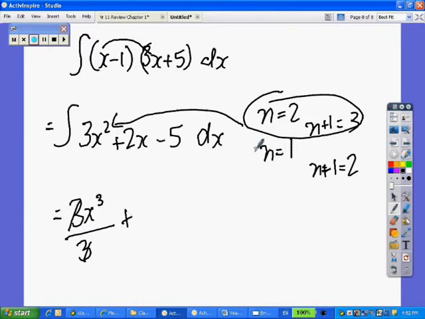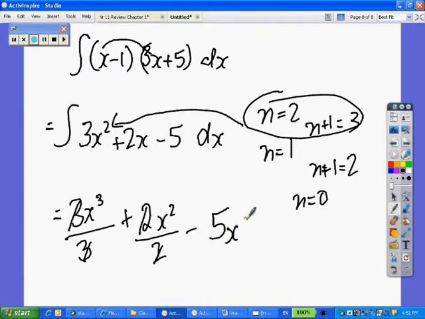Plus, in this case, like I said, n plus 1 is equal to 2. So I'm going to do 2x to the n plus 1, which is 2, divided by n plus 1, which is 2. These cancel out, and that's x squared. Minus 5, and in this case n is equal to 0, because I don't even have an x, so that's 5x.